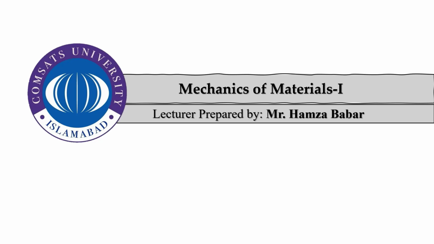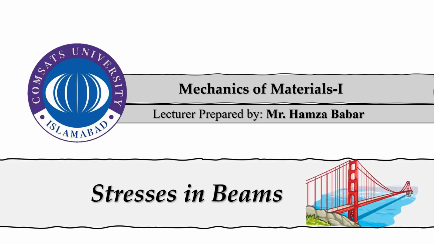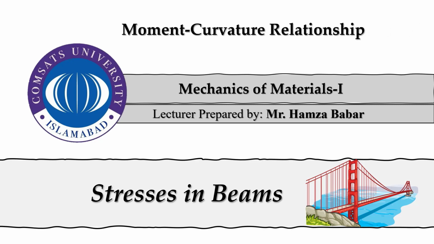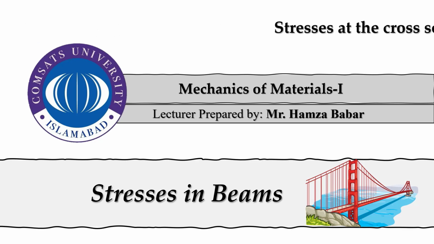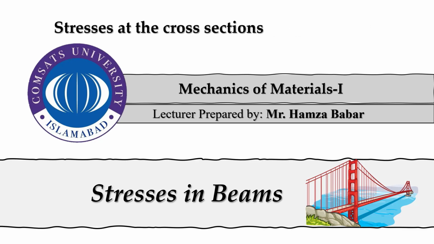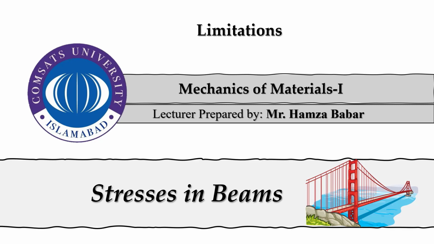As we are covering the contents regarding stresses in beams. In our previous lecture, we studied the moment curvature relationship, location of neutral axis, flexure formula, stresses at the cross sections, doubly symmetric shapes, and at the end of the lecture, we also studied some limitations.